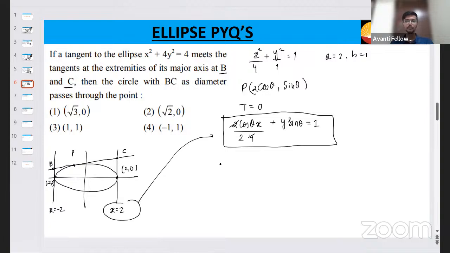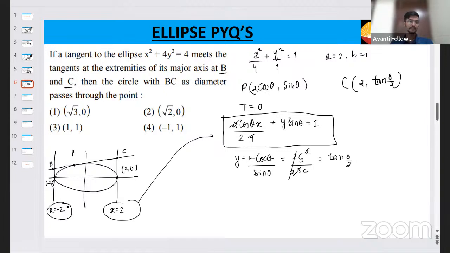So if x equals 2, 2 will get cancelled. Cos theta, y will be equal to (1 minus cos theta) upon sine theta. 1 minus cos theta is 2 sine square theta by 2, upon 2 sine theta by 2 cos theta by 2. 2 and 2 cancel, so we'll get tan theta by 2. That means the coordinates of point C we got as 2 comma tan theta by 2.